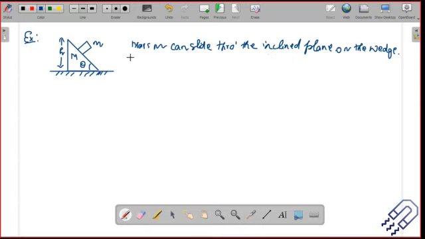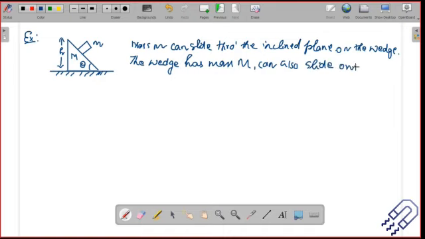And then we can see the wedge has mass M, okay, and can also slide on the horizontal surface.